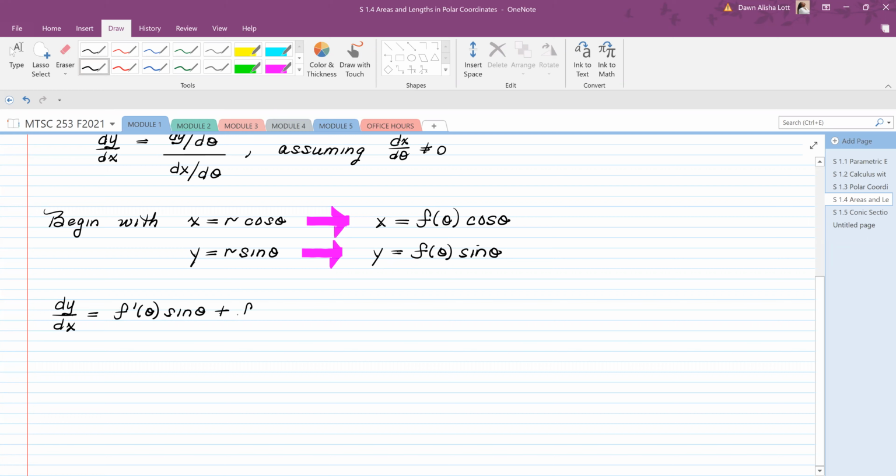Then take f of theta and multiply by its derivative, which is cosine theta. Okay, so that's the numerator. And the denominator says take the derivative of f multiplied by the cosine of theta, and then take f of theta and multiply by the derivative, which is minus the sine of theta. So that's how you find the slope of a polar curve.